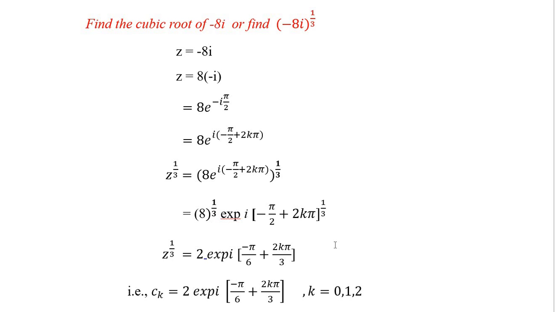Cos theta plus i sin theta whole to the power n equals cos n theta plus i sin n theta. So the power can be multiplied inside the argument. Therefore Ck, the general form of the cubic root, is 2 into exponential of i into minus pi by 6 plus 2k pi by 3, where k runs from 0, 1, 2.